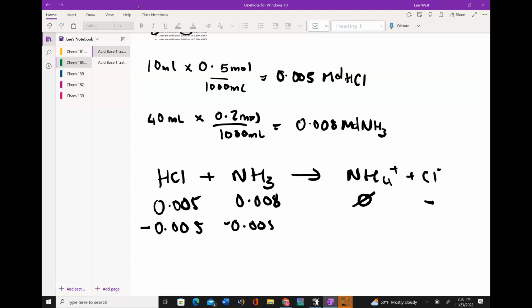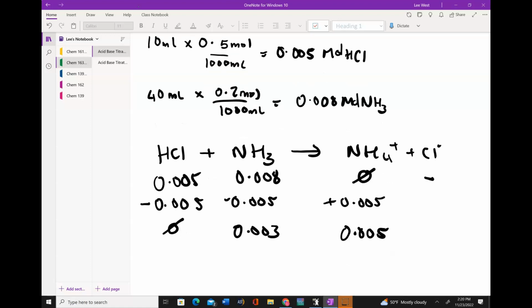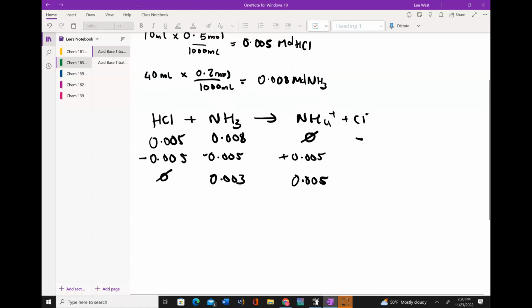Only some of this will get used up, and that will make some of the conjugate acid. So I'll have no strong acid left. I'll have 0.003 moles of ammonia left, and I will have 0.005 moles of ammonium. So this is my conjugate acid, and that's my base.